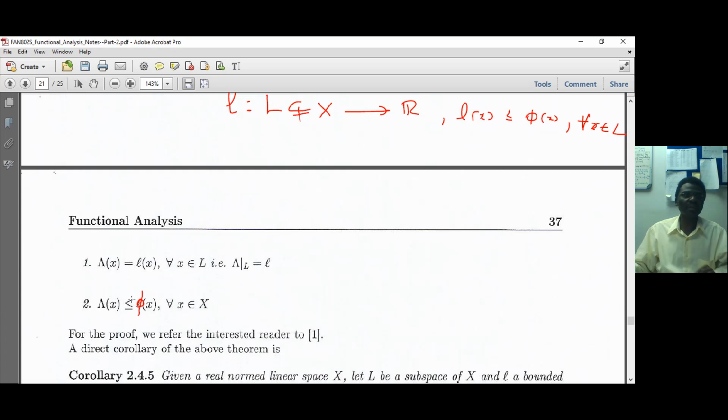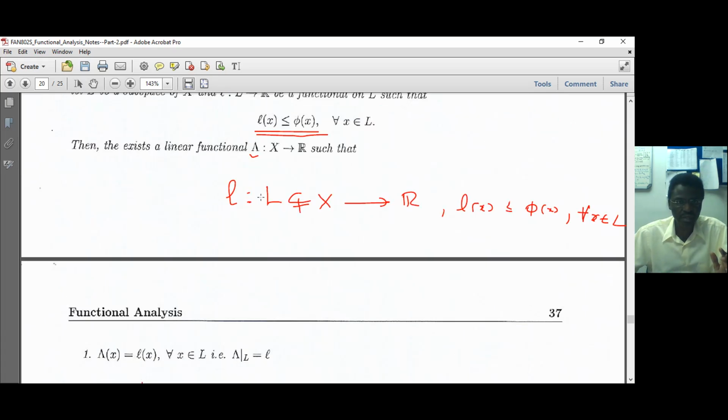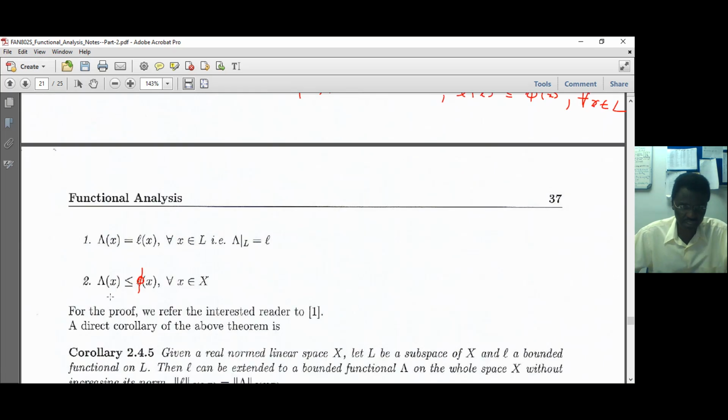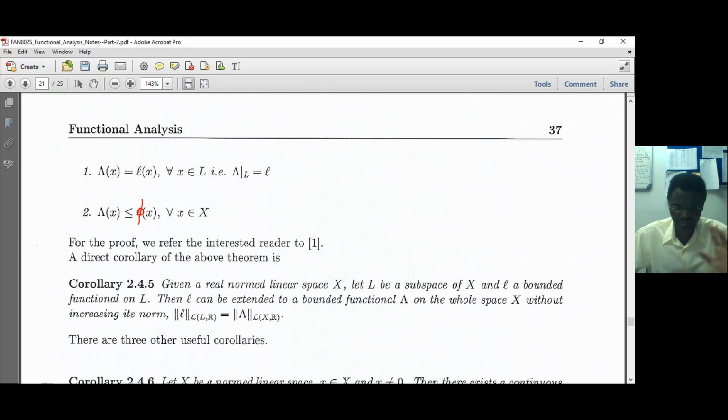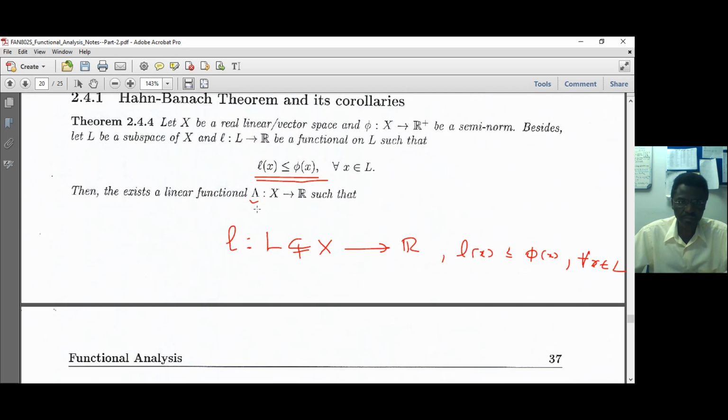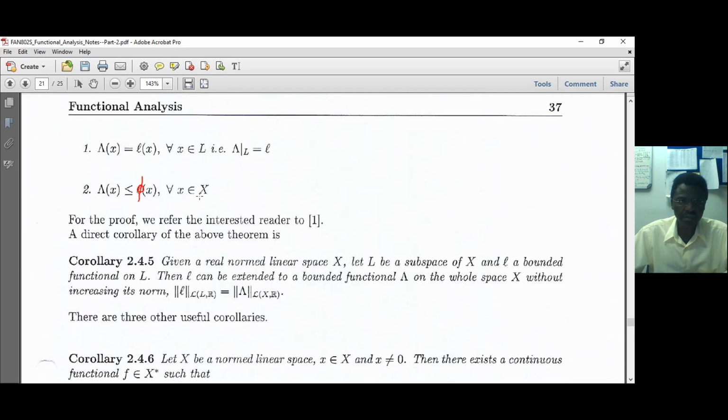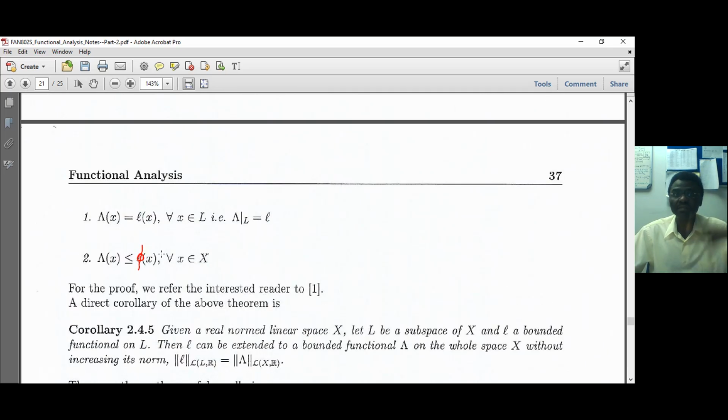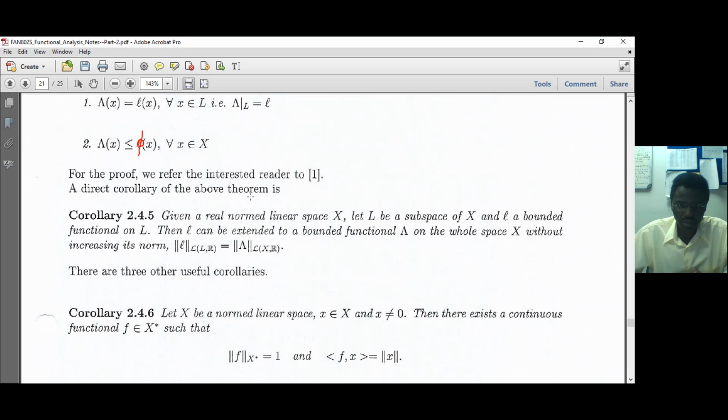But I cannot put L because I don't know L on X. I only know L on capital L. Right. So this is phi. Please change it. Okay. So that is it for the Hahn-Banach theorem, and then the corollaries of that will be similar results, but in a different setting. Okay.